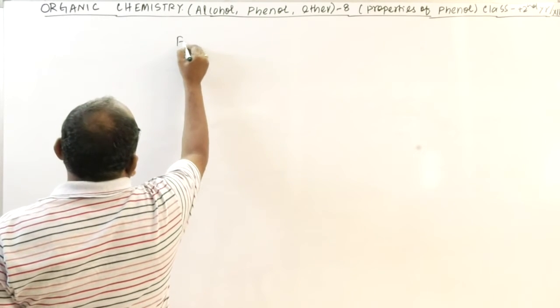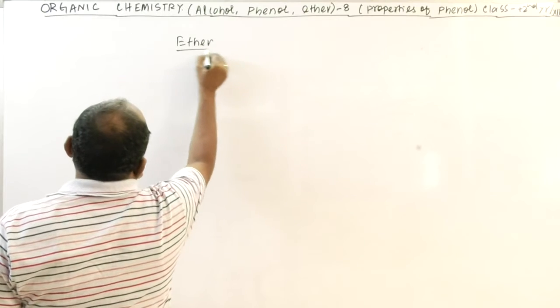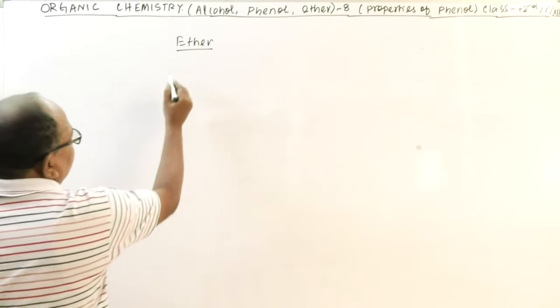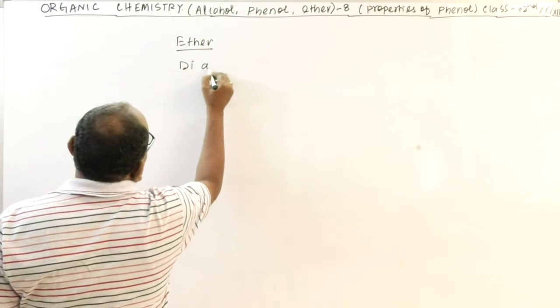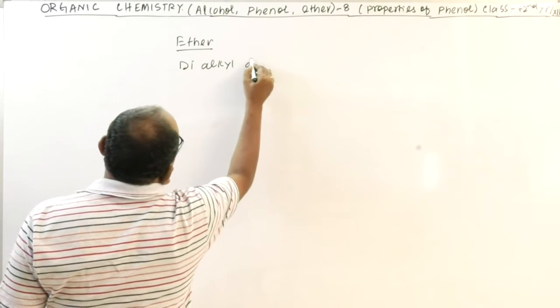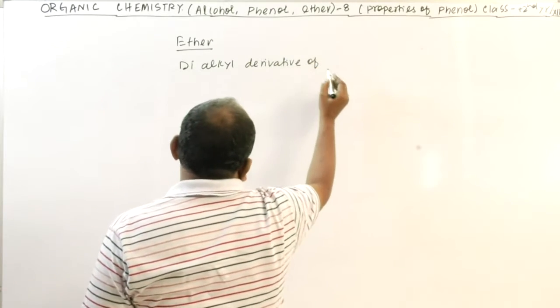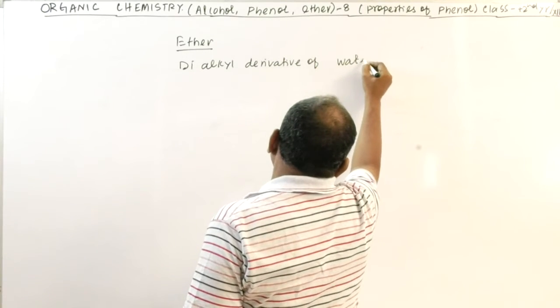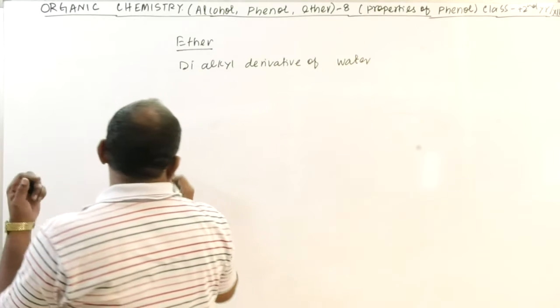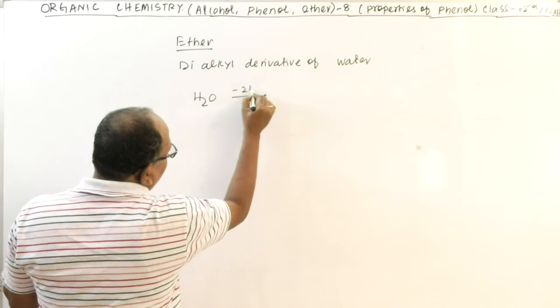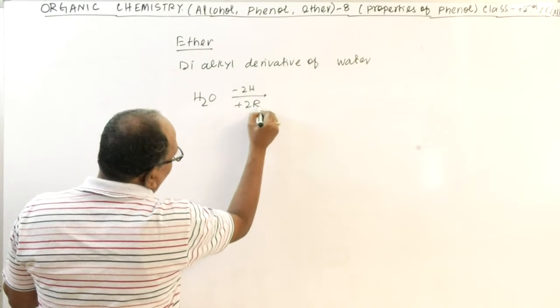Ether means a dialkyl derivative of water. What is water? That is H2O, the 2 hydrogen atoms replaced by 2 alkyl groups.